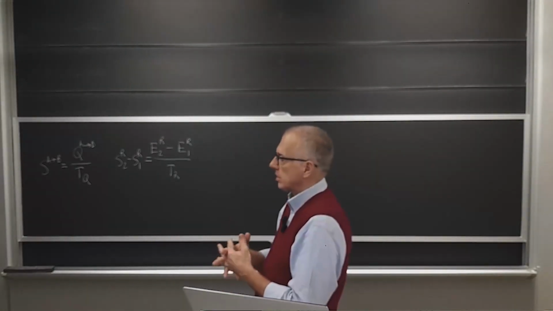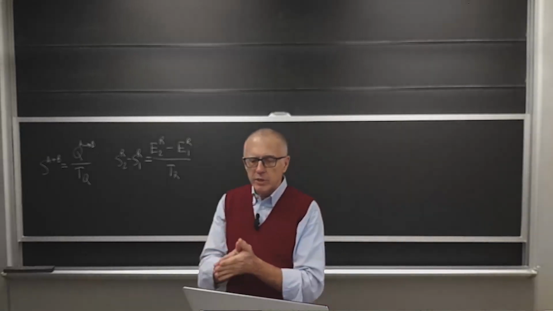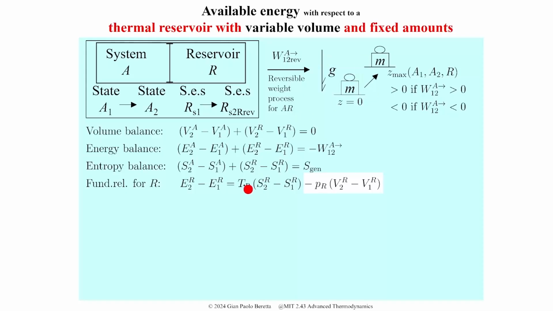So it's a system that maintains fixed values of the temperature and the pressure. In this case, we consider a system which has variable volume, but still the amounts are fixed.